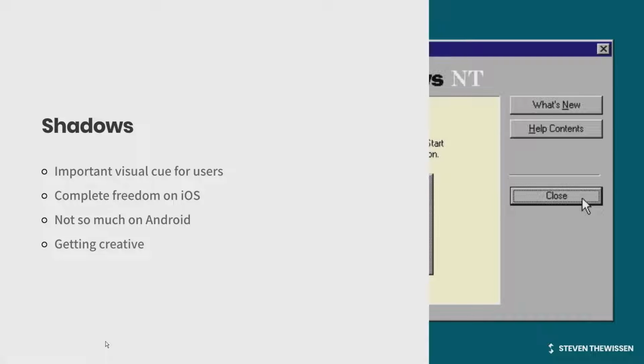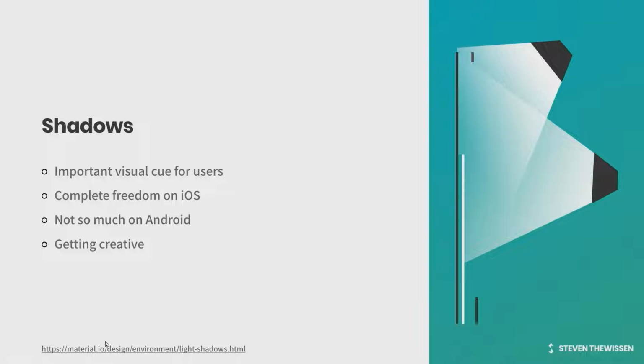So if you want to build shadows currently on Xamarin Forms, you have pretty much complete freedom on iOS. I think you can do pretty much everything from shadow colors to direction, blur, all that good stuff. Problem is, on Android, you don't have that much creativity to go by.